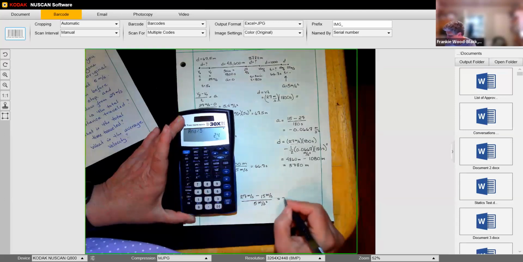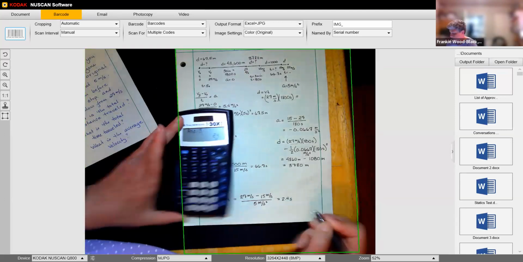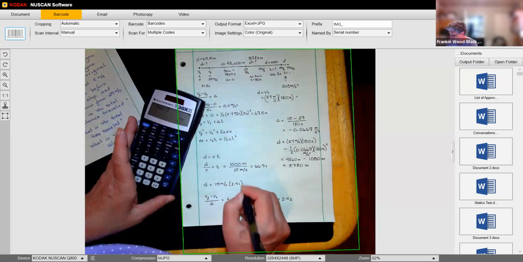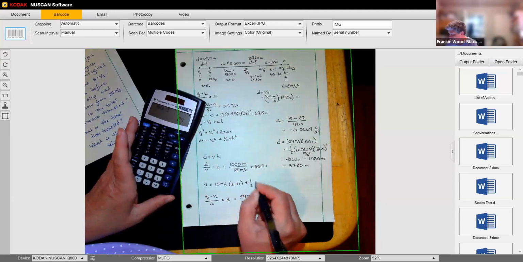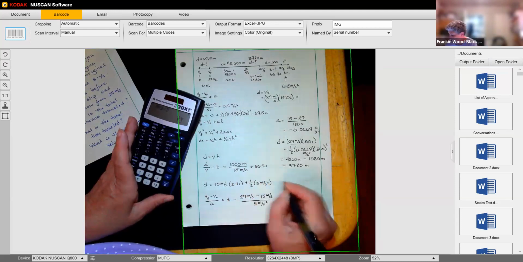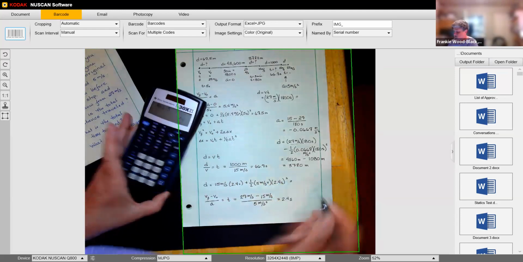It says it takes us 2.4 seconds. So now I can put my 2.4 seconds there, plus 1/2 my 5 meters per second squared times my 2.4 seconds squared. That'll give us our distance.